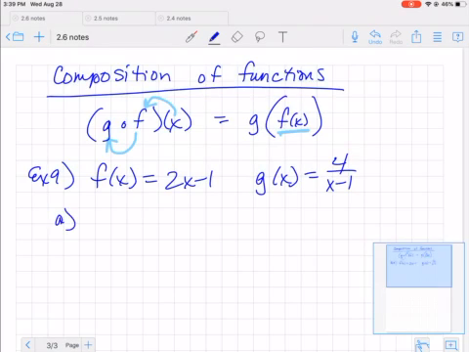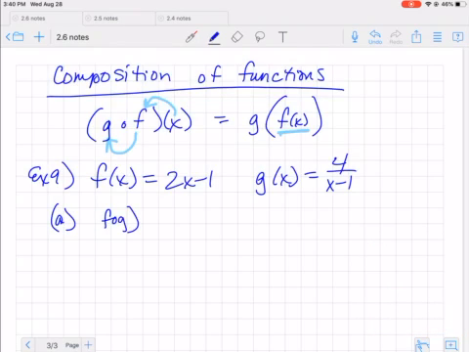So part A here is f of g of 2. So when you have this value, you're going to take this 2, plug it into the g of x function, chunk that out. Whatever value you get out of that, that is what you plug into the f of x function.